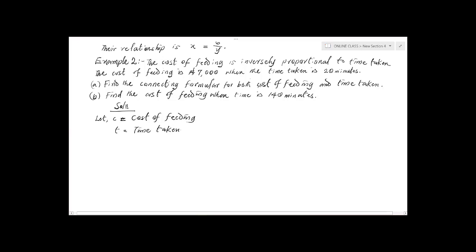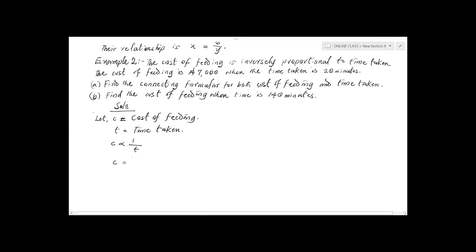Because they didn't give you letters, you have to represent everything mentioned there as a letter. So they say the cost of feeding is inversely proportional to time taken. That means we have C inversely proportional to T.